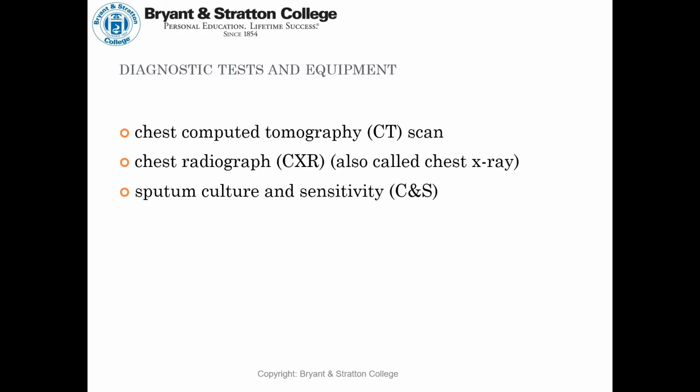All right. Diagnostic tests and equipment. CT scans, chest x-rays, and sputum cultures. So sputum is the term used for the mucus that you cough up, spit up, etc. You can do a culture on that mucus to see if there is a bacterial infection.